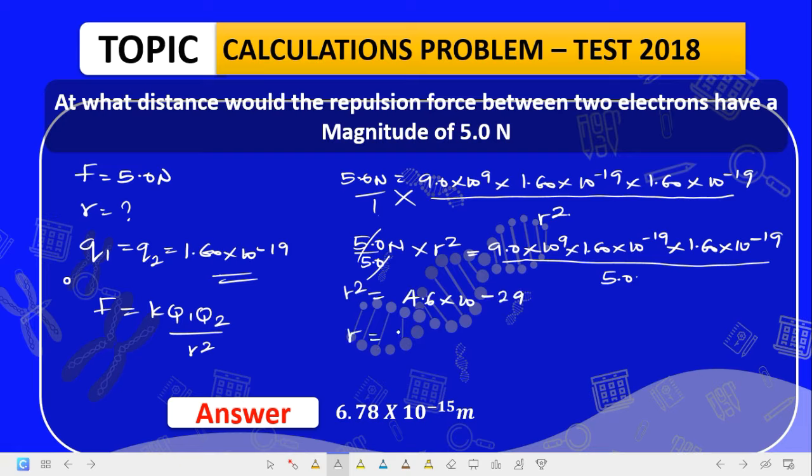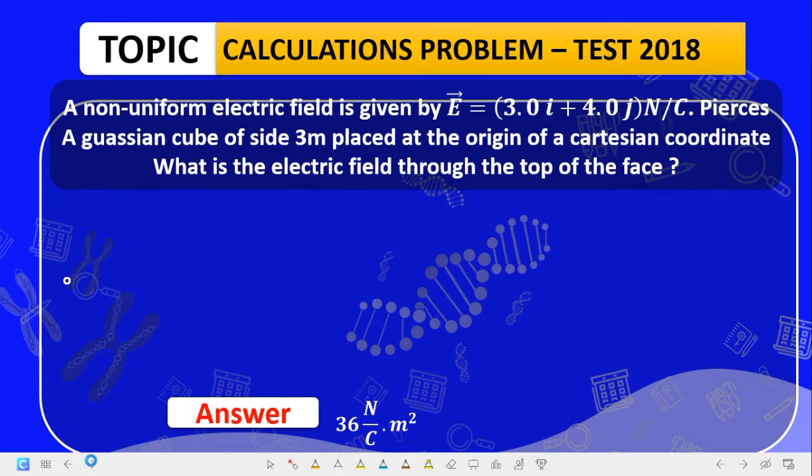So our r will be the square root, because to find r you find the square root of both sides. The square root of 4.6 times 10 raised to the power of minus 29 gives us 6.78 times 10 raised to the power of minus 15. So our r, 6.78 times 10 raised to the power of minus 15 meter, is the distance of separation. Are we getting it now? It is in meter. That is the answer to that question.